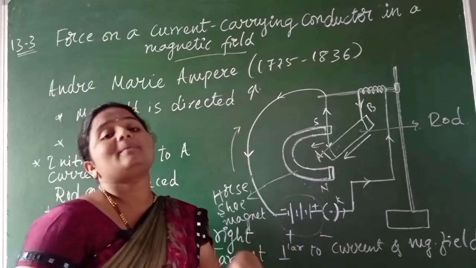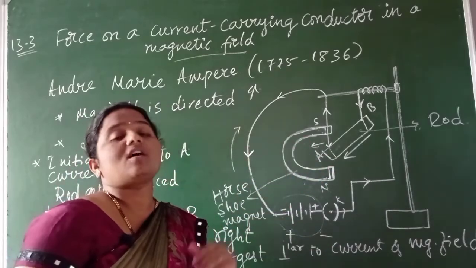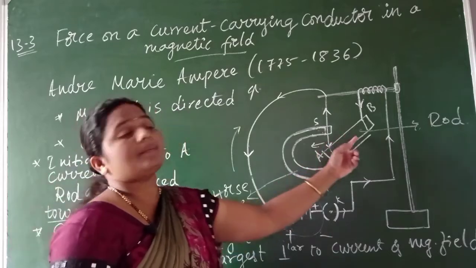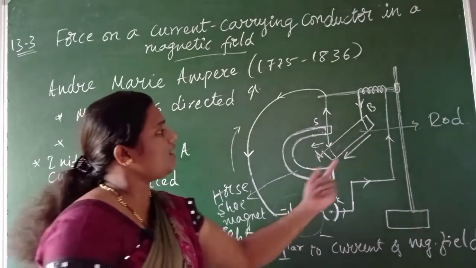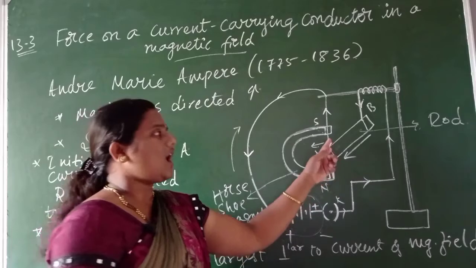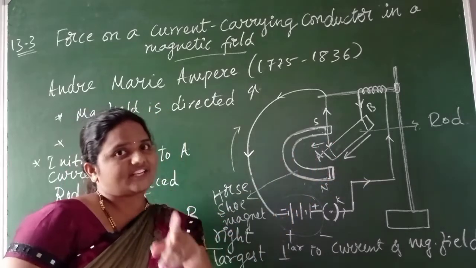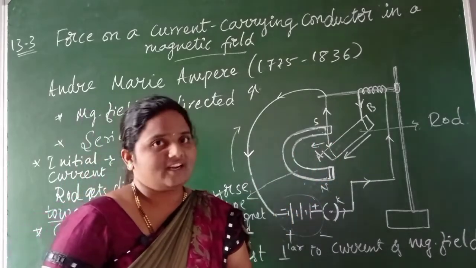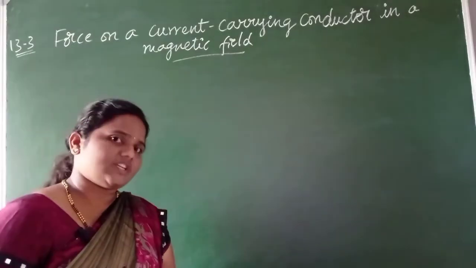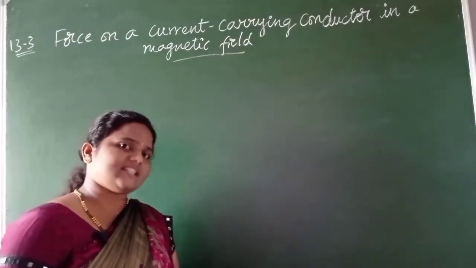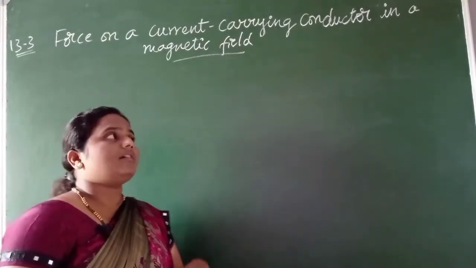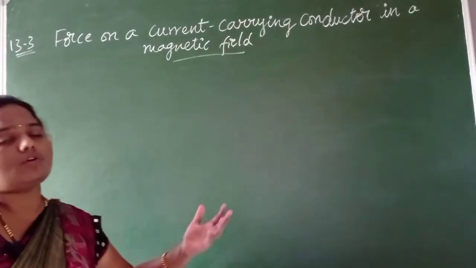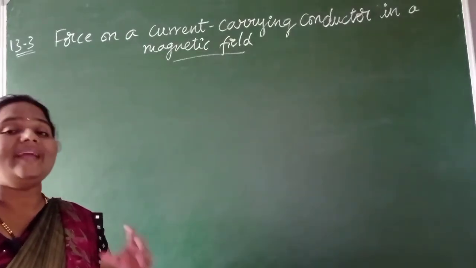This force is largest when it is perpendicular, at right angles, to the direction of the current as well as to the direction of the magnetic field. Got it, children?